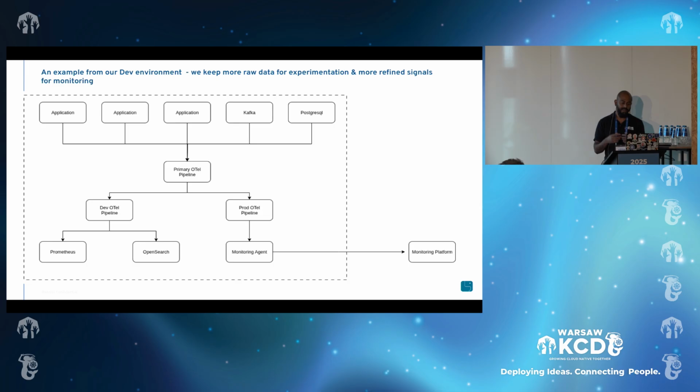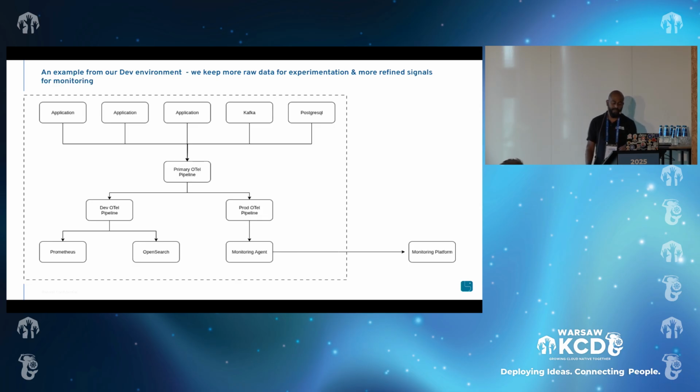We instrument one layer with one primary OpenTelemetry pipeline, and then we funnel them to another pipeline that actually keeps more data because we're doing some experimentation. So more raw data and different types of data, and then we put them into some different storages, and the rest is a little bit more processed, heavily refined, and it sends to one of our monitoring agents because we want to monitor the platform.